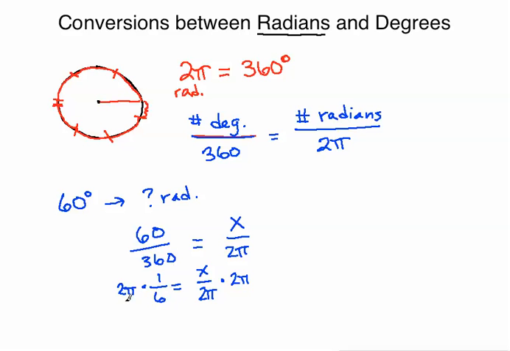So in this case, 2 pi times 1/6, all right, 2 times 1/6 is 1/3. So pi times 1/3 is equal to pi over 3. So pi over 3 radians is equal to 60 degrees.